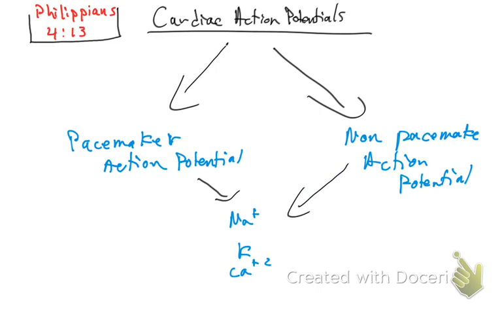But in the pacemaker action potential, each of those is going to be used just one time. For the non-pacemaker action potential, sodium is going to be used 1 time, potassium is going to be used 2 times, and calcium is going to be used one time.